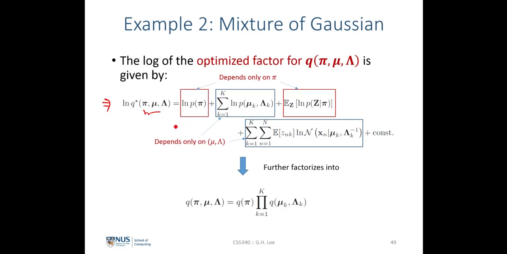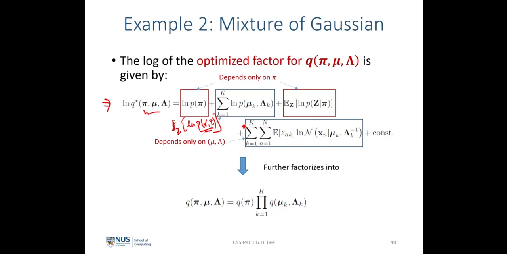In this case, it would be the expectation over z of the log probability of the joint distribution here. And we can see that by substituting these terms from our graphical model, given by the likelihood as well as the conjugate prior terms, we get to these particular expressions over here.